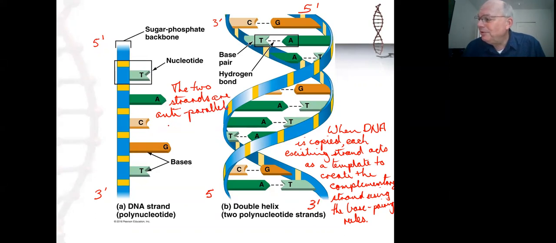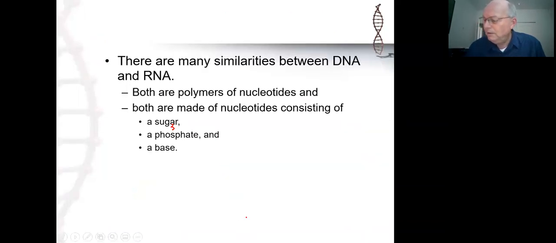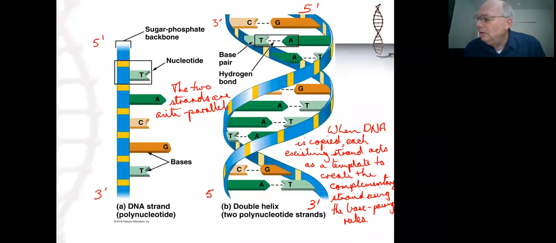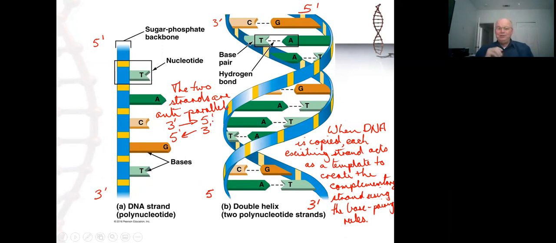And we can illustrate this by saying that one strand is going 3' to 5', like that. The complementary strand will be 3' to 5' in the opposite direction. That's what we mean by anti-parallel. If they're parallel, they both go 3' to 5' in the same direction.